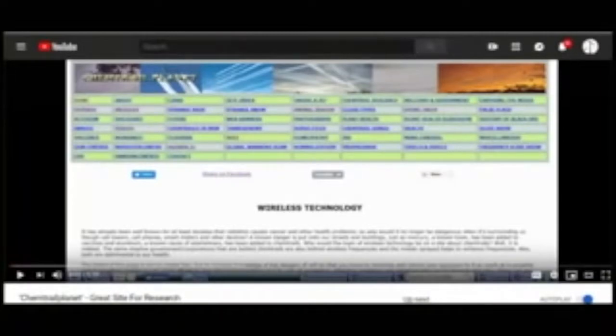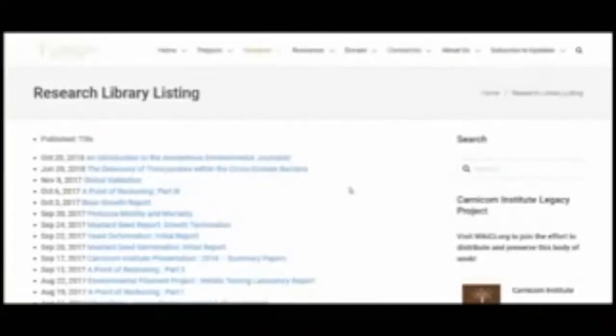We need to start really downloading information because they're getting rid of it. I was looking in all of my bookmarks, and I have a lot of subjects, and within those subjects I have bookmarked a tremendous amount of information over the years.